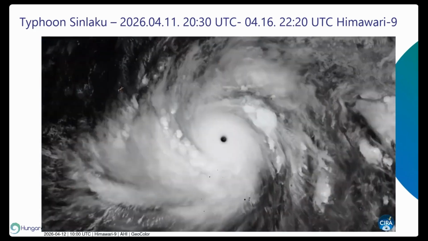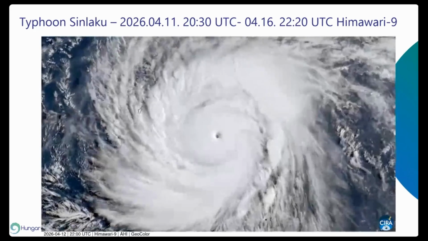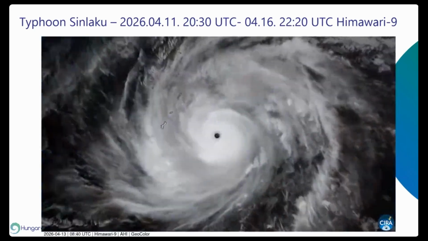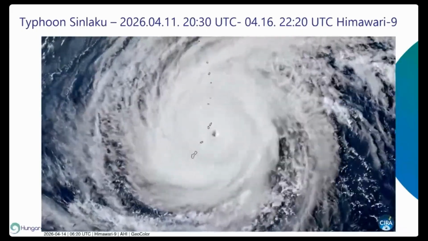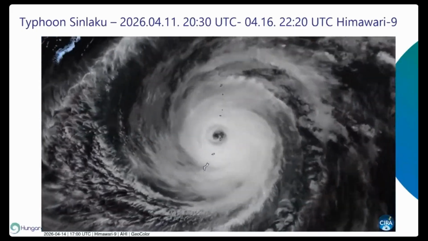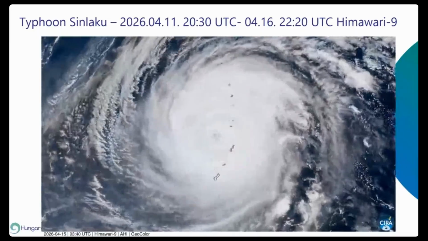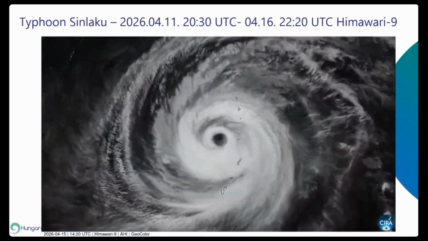And lastly, if we move east to the Pacific, I'm pretty sure everybody has heard of Typhoon Sinlaku, which developed in the beginning of April.